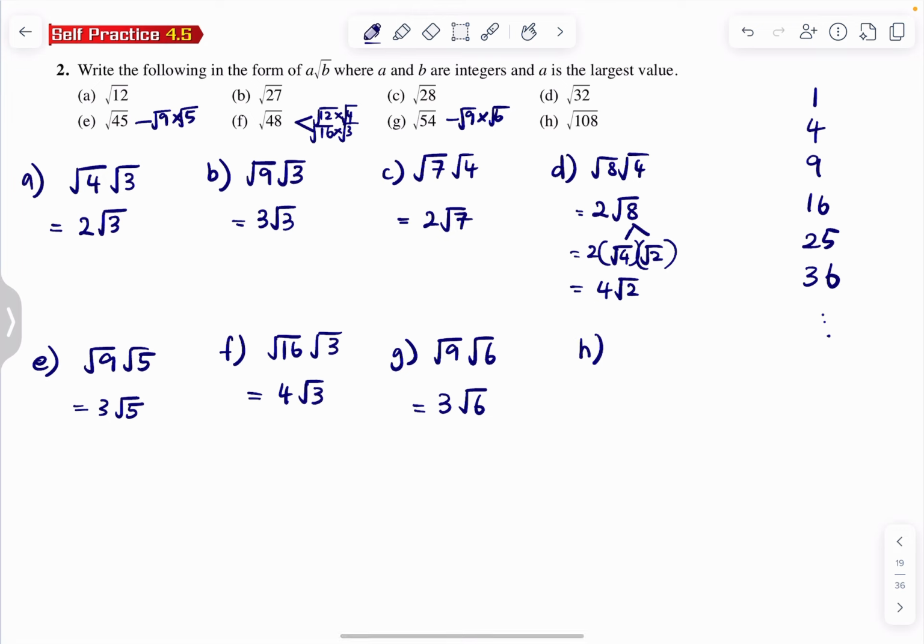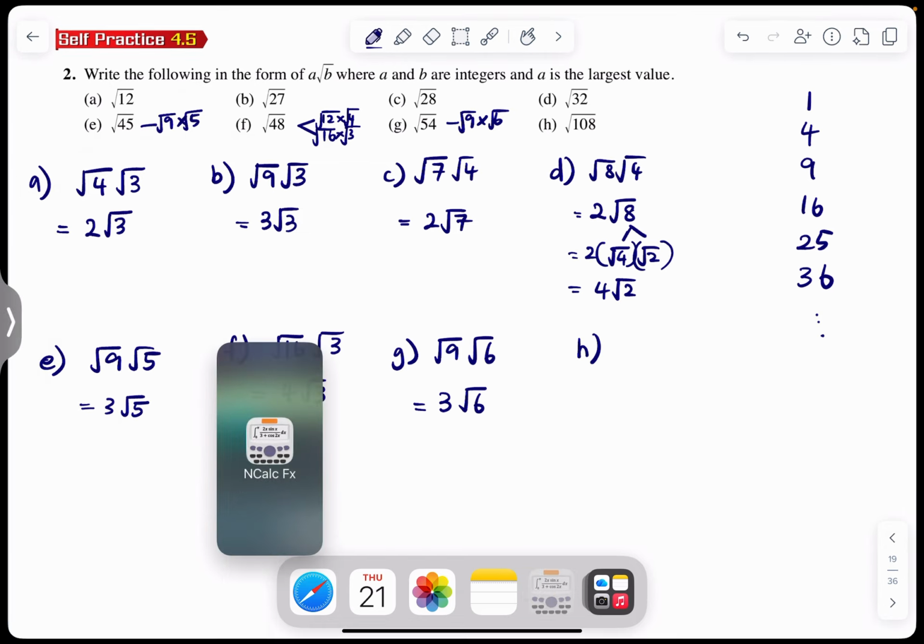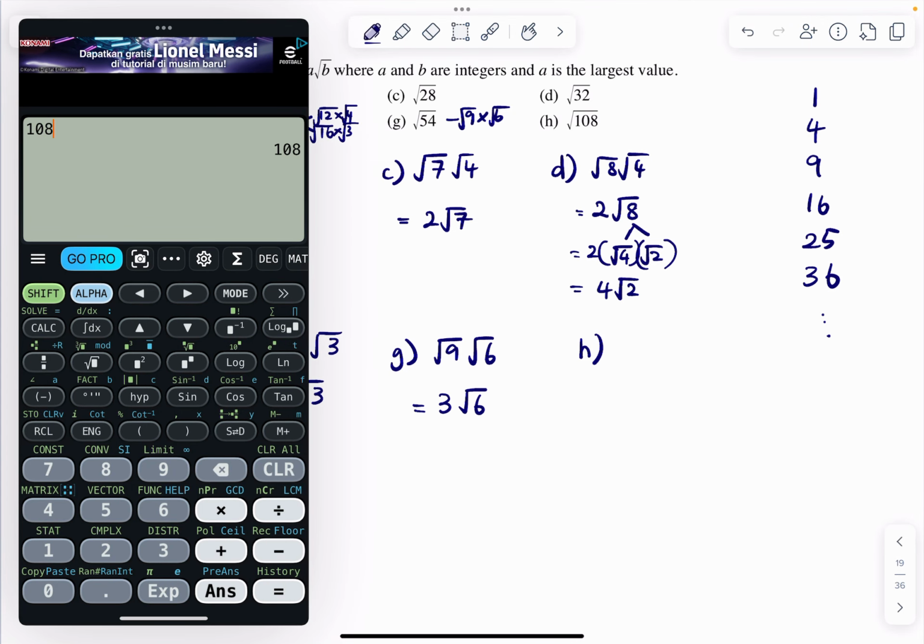108. Same thing. So 108, we try dividing it by these numbers. So 108 maybe can divide by 9. It's 12 by 9. Let's try a bigger number. 16. Cannot. 25. Cannot. 36 can.